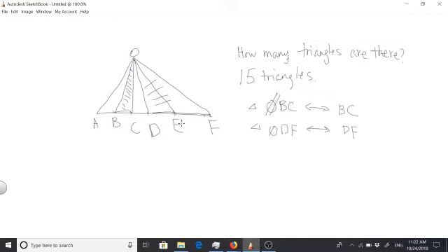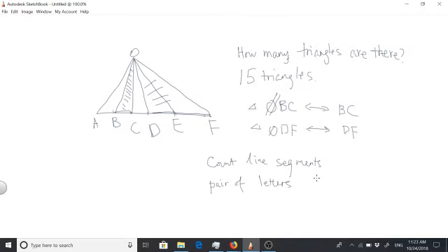So instead of counting the triangles, we may as well count the number of line segments. And we had a video on how to count the number of line segments. The best way is to associate each with a pair of letters, because BC is a pair of letters, DF is a pair of letters.